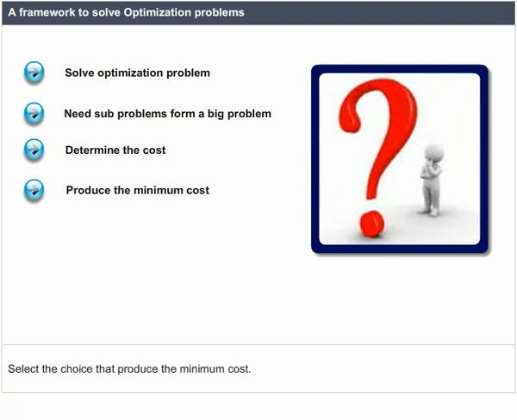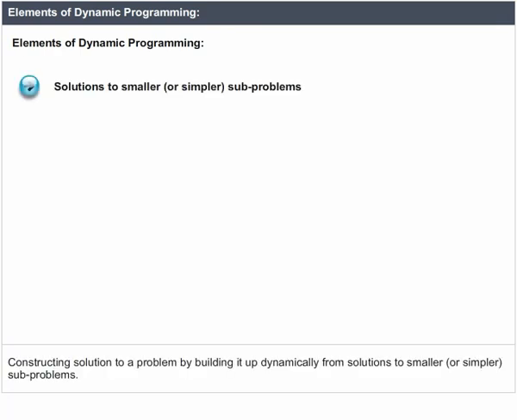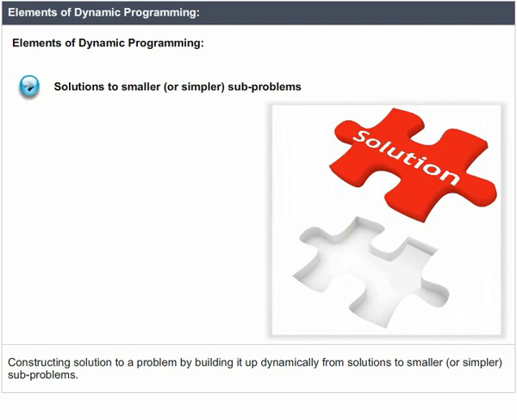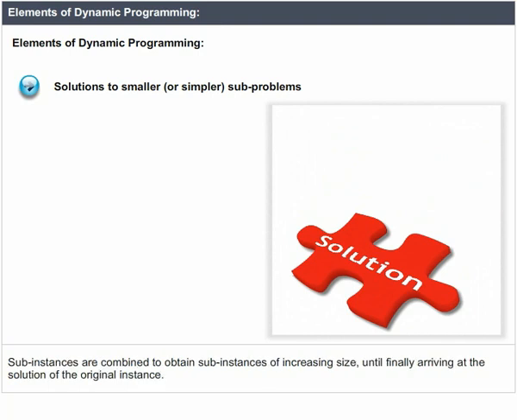Elements of dynamic programming. Constructing a solution to a problem by building it up dynamically from solutions to smaller or simpler sub-problems. Sub-instances are combined to obtain sub-instances of increasing size until finally arriving at the solution of the original instance.